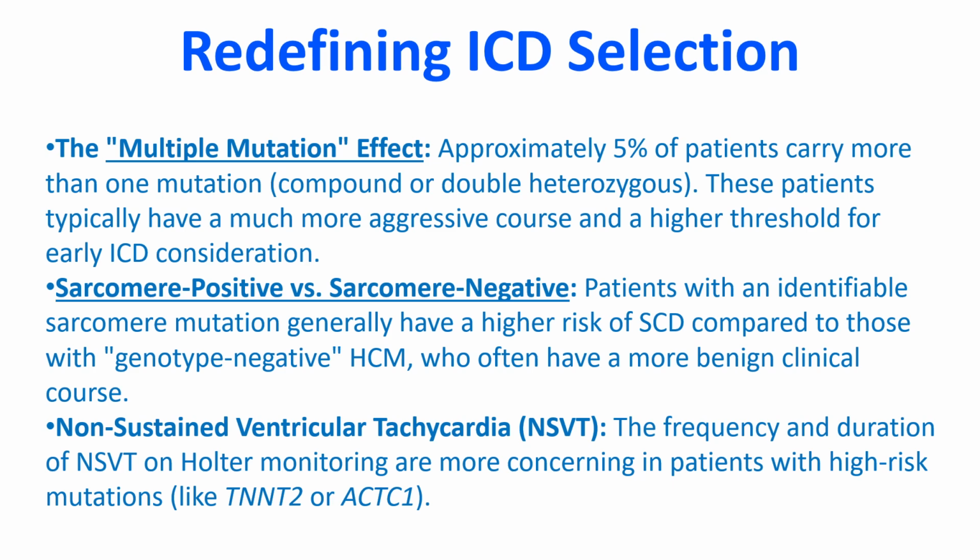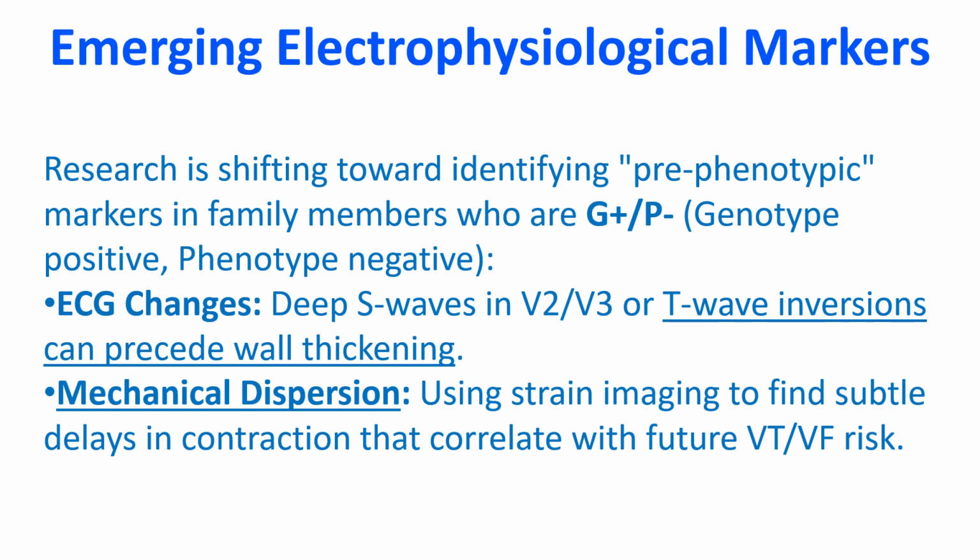Non-sustained ventricular tachycardia. The frequency and duration of NSVT on Holter monitoring are more concerning in patients with high-risk mutations like TNNT2 or ACTC1. Research is shifting toward identifying pre-phenotypic markers in family members who are genotype positive but phenotype negative.